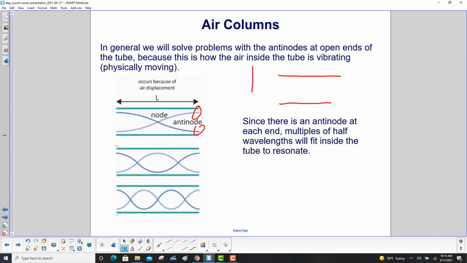If we said we had a node at the beginning, like this, and then you traveled like this, well, in this case, since physically you have antinodes at each end, you can't have something like this, right? Those are nodes. But you could have this piece over here as it comes down to here. Then you would have an antinode at either end of your pipe.